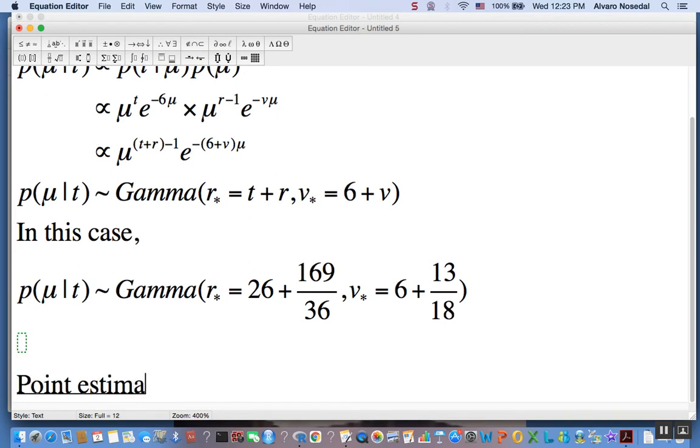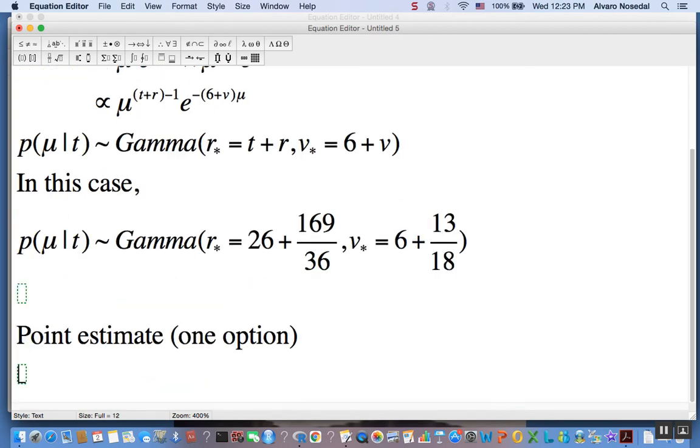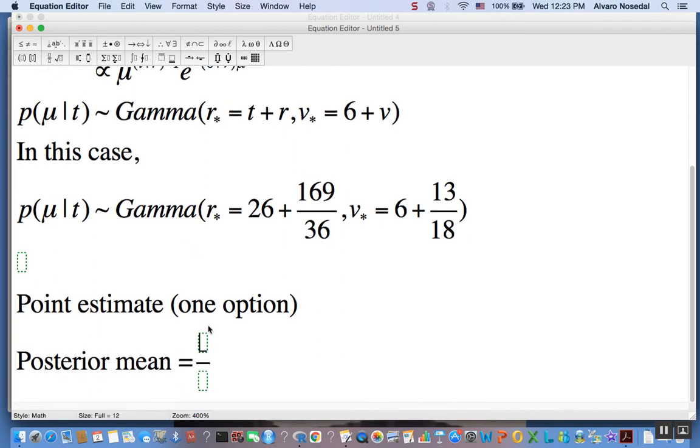Point estimate, one option, posterior mean. And we know that in this case the posterior mean would be just r star divided by v star. And we could find it.